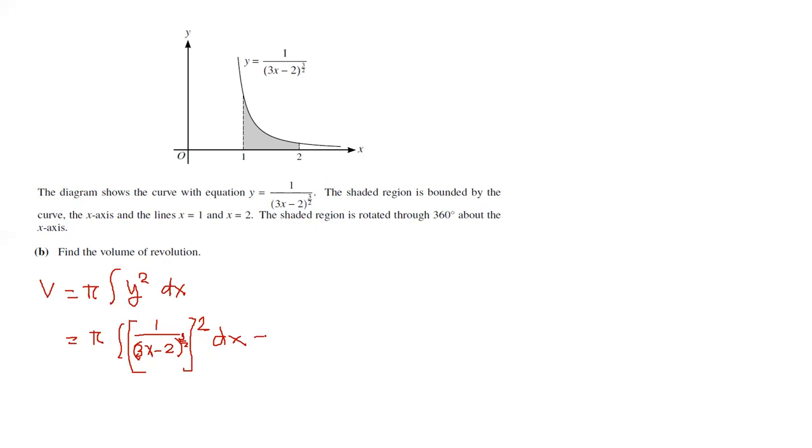And it becomes pi times the integration, this is at 1 to 4, upper limit and lower limit, and it becomes (3x minus 2) to the power 3/2 squared, it means negative 3 here, dx. Okay, that one.